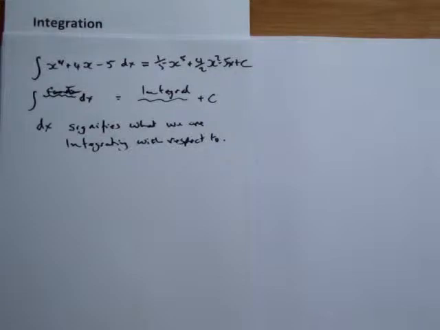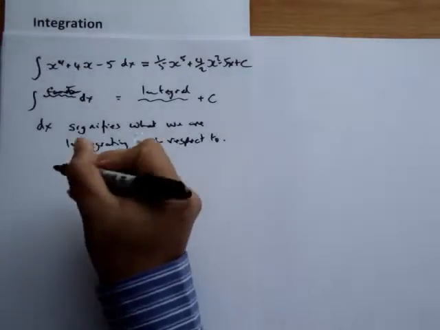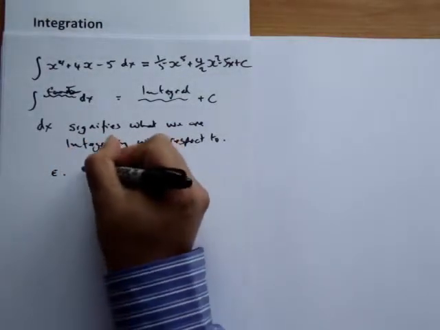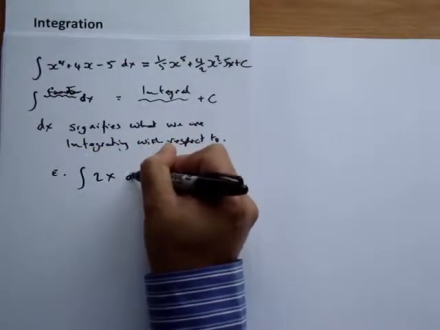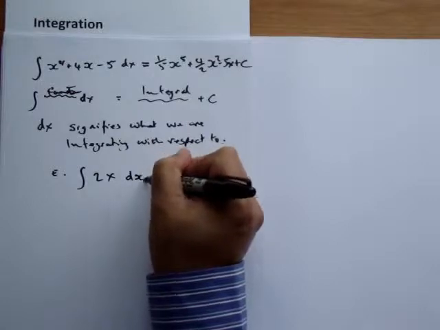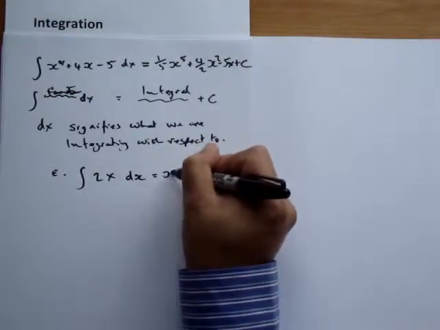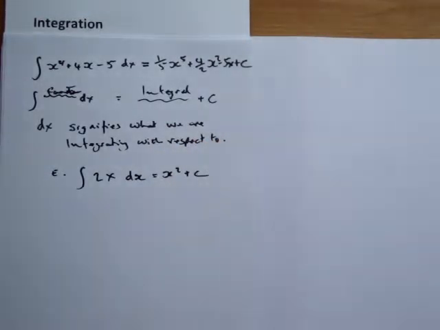So let's have a look at an example. So if we integrate 2x dx, we'll get x squared plus c.